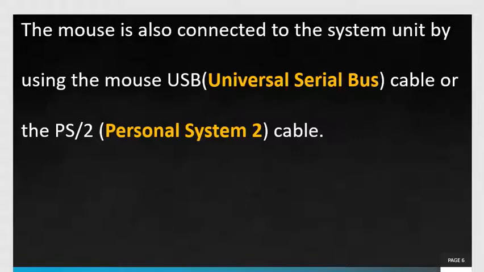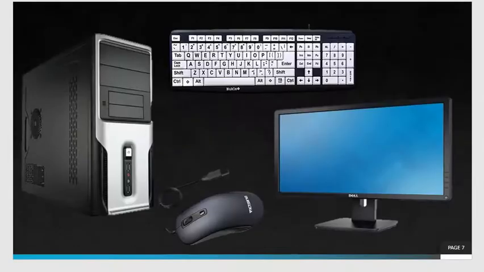Now let's look at the components of the computer again. Last week we saw that this one is a system unit, this one is a keyboard, this one is a monitor, and this one is the computer mouse. Each of these components, the keyboard, the monitor, and the mouse, are all connected to the system unit at the back of the system unit.